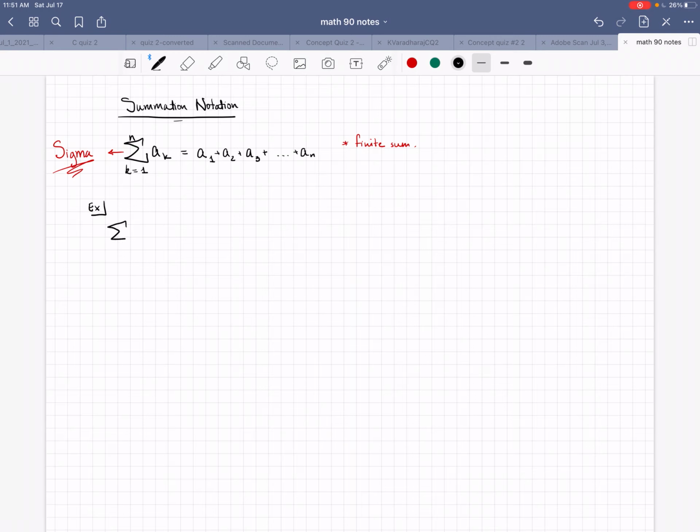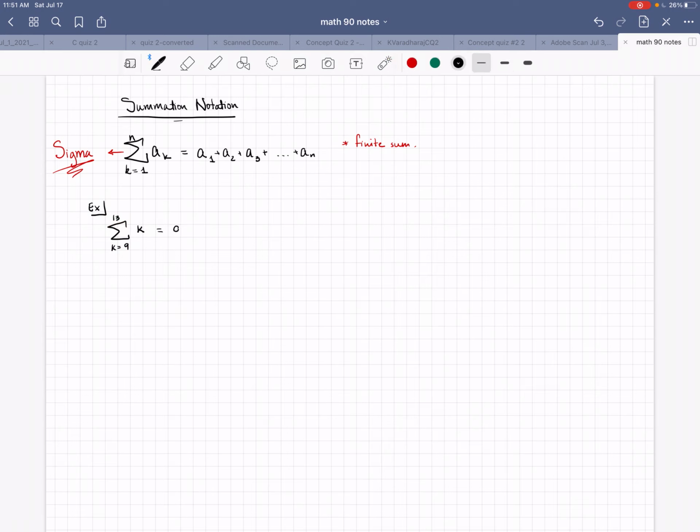So for the first example, we'll look at this sum. Once again, we are indexing the sum on k, right? So we are adding together all of the values of k starting at 9 and going to 13.